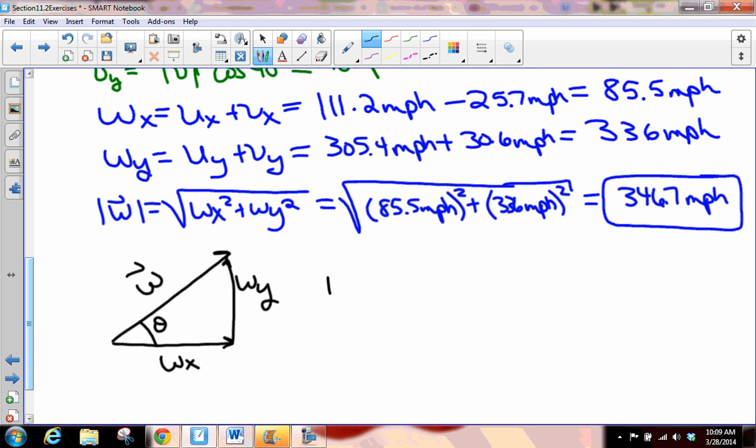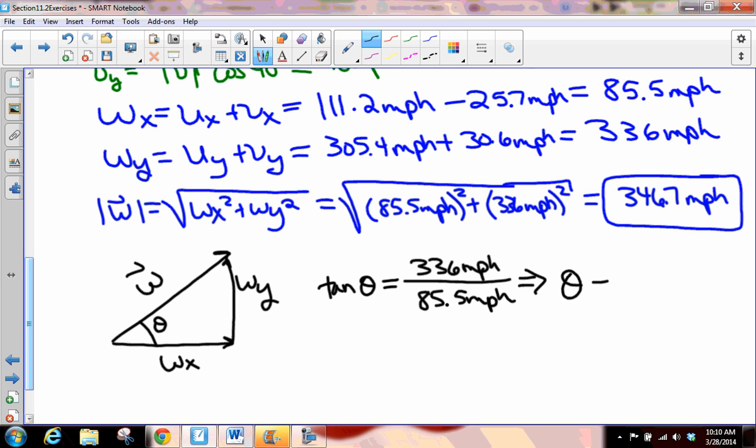So my right angle trigonometry tells me that tangent theta is going to be opposite, which is the y component, 336 miles per hour, divided by adjacent, which is the x component, 85.5 miles per hour. And that's going to give me, when I plug it all into my calculator, an angle of 75.8 degrees.